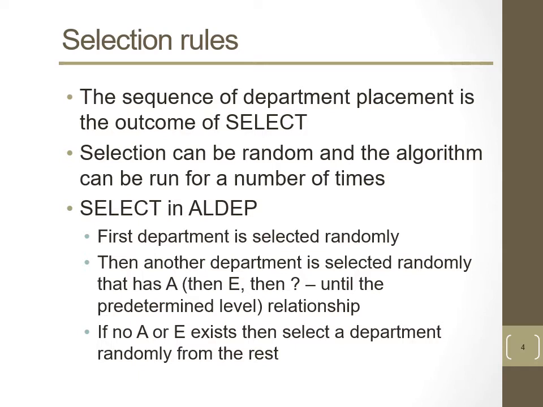Assume that department 3, department 5, and department 7 have this relationship. Then I select one of these 3 departments randomly.